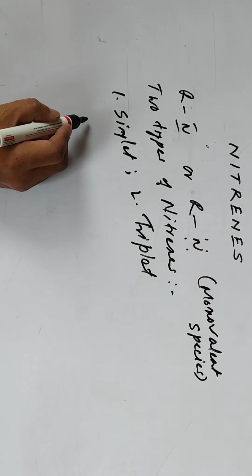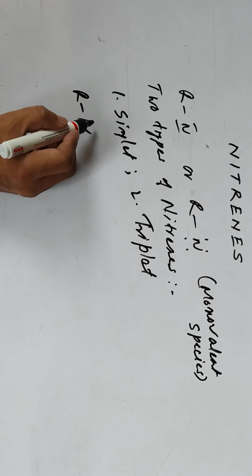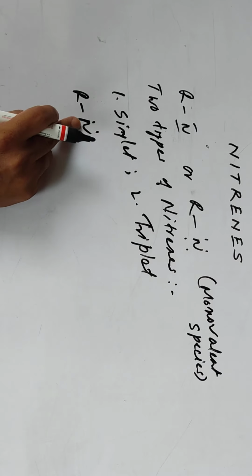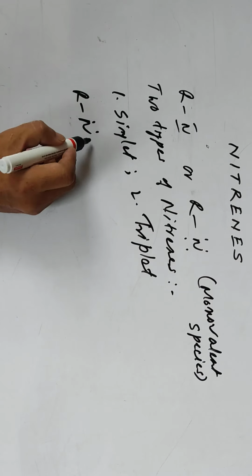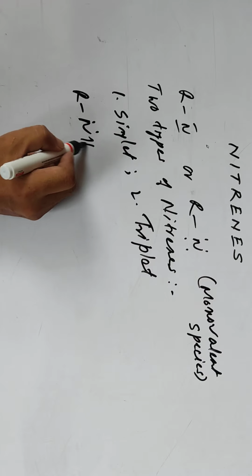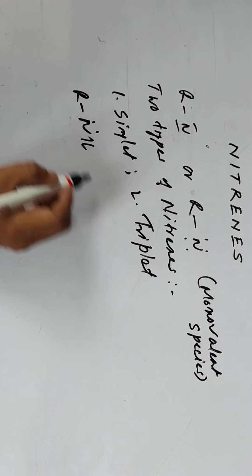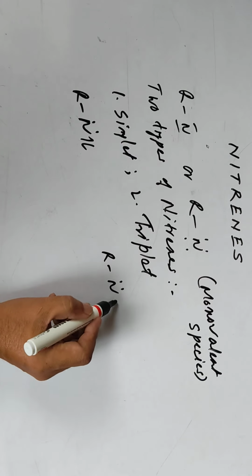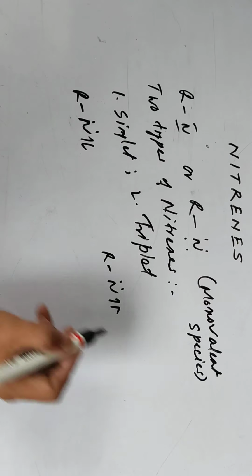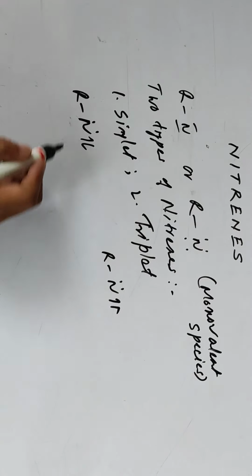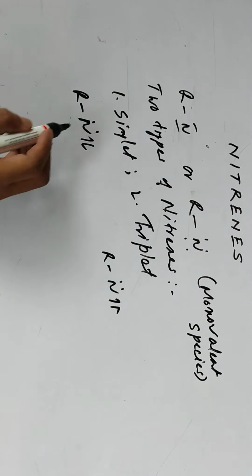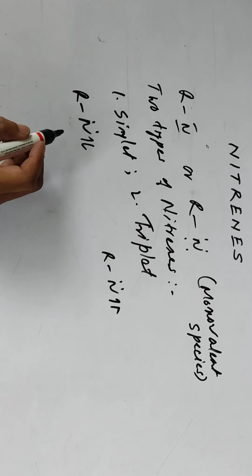The structure is R, like this one. In the case of singlet, the electrons are a pair, but in the case of triplet, the unpaired electrons are parallel, and here is a pair. This is singlet and this is triplet. You can write the structure like this.